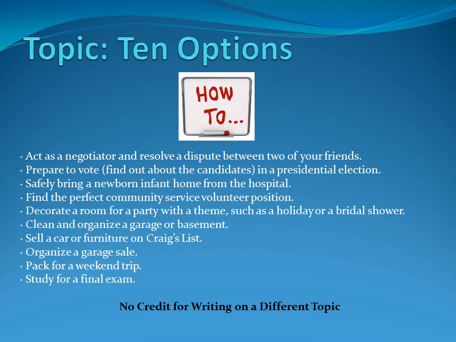So your choices are to act as a negotiator, resolving a dispute between two of your friends, preparing to vote by finding out about the candidates in a presidential election, safely bringing home a newborn infant from the hospital, finding the perfect community service job, decorating a room for a party with a theme, cleaning and organizing a garage or a basement, selling a car or furniture on Craigslist, organizing a garage sale, packing for a weekend trip, or studying for a final exam.